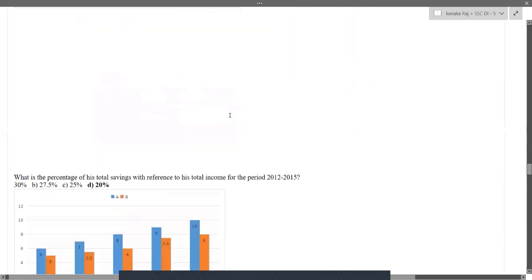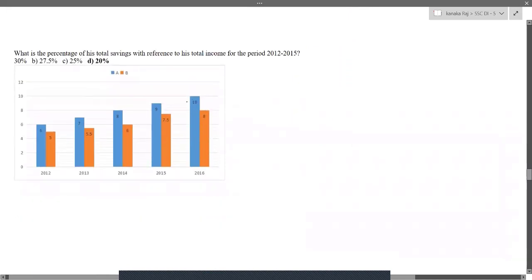So now let's move on to the next question. What does it say? They're asking us to find the percentage of his total savings with reference to his total income. So which is the value that we are comparing here? We're comparing the savings. So what is his savings throughout?